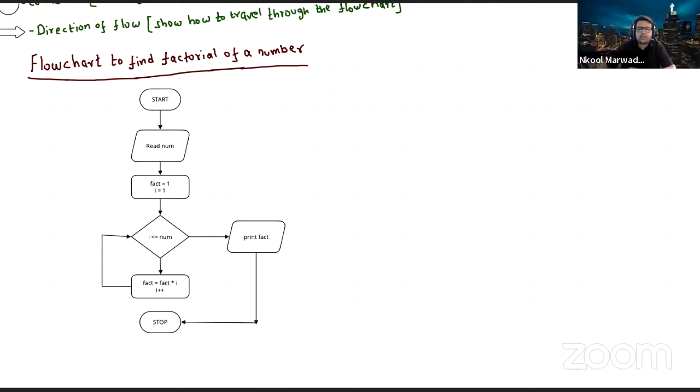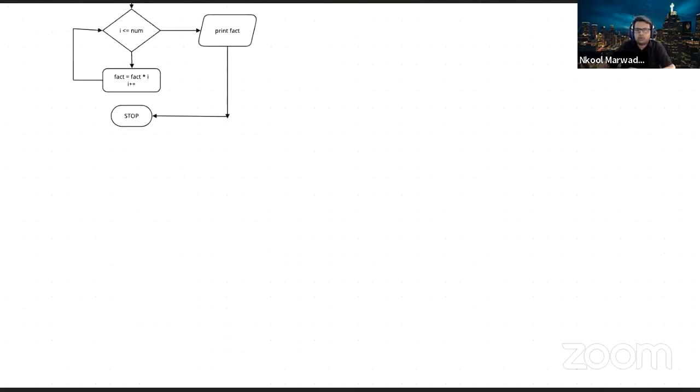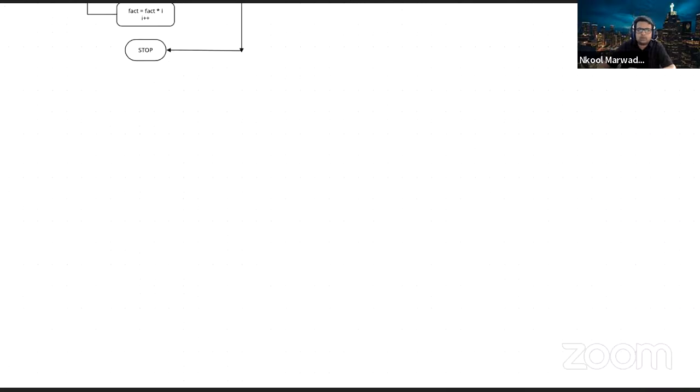Now we will look at the next concept. We will focus a bit on pseudocode, because we have already seen that we use pseudocode rather than writing the program in the original code.